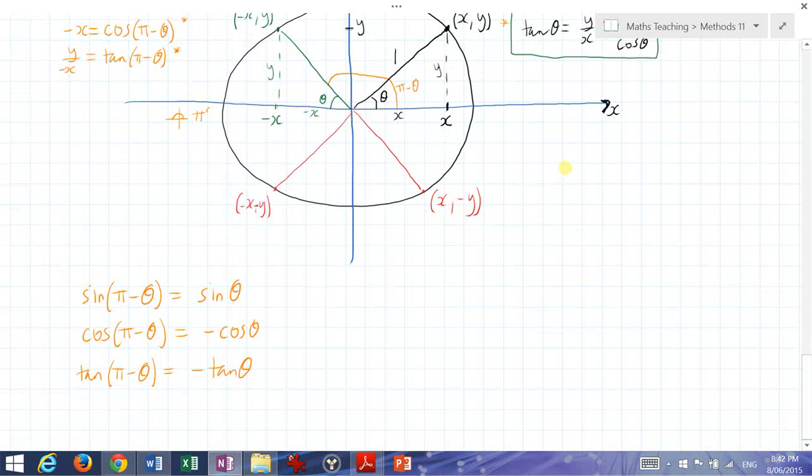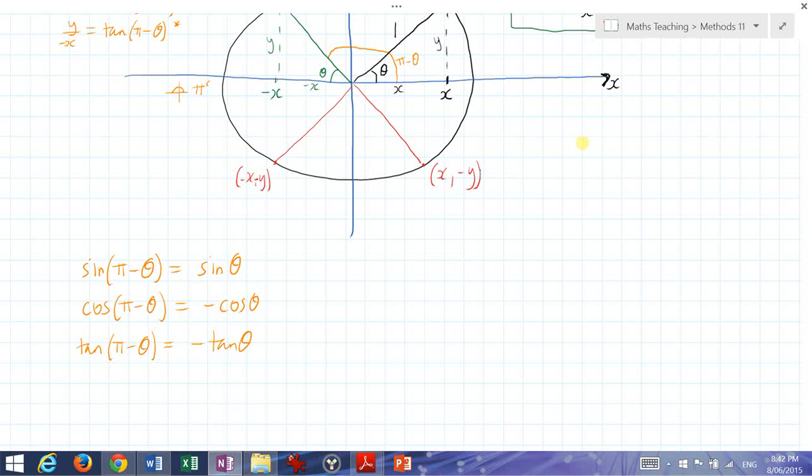You can actually build up many more symmetries. For example, sine of pi plus theta equals negative sine theta. Cos of pi plus theta equals negative cos theta. Tan of pi plus theta equals tan of theta.